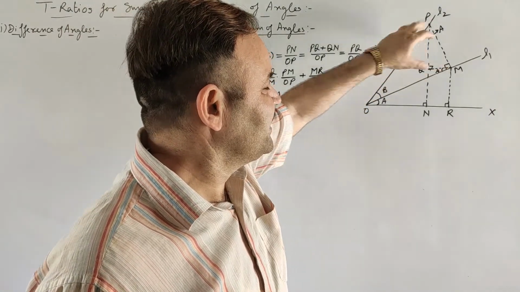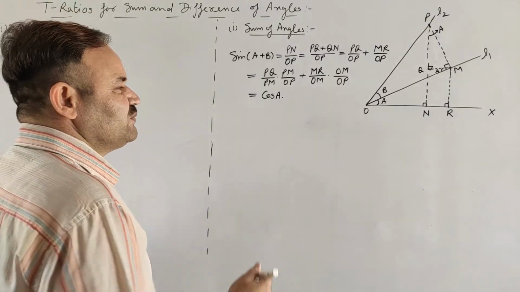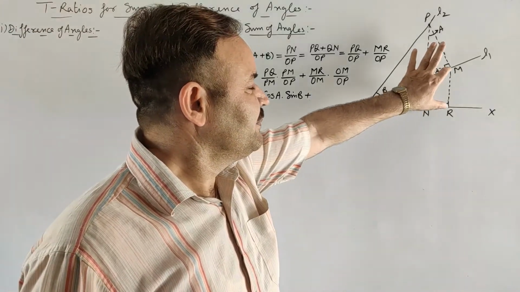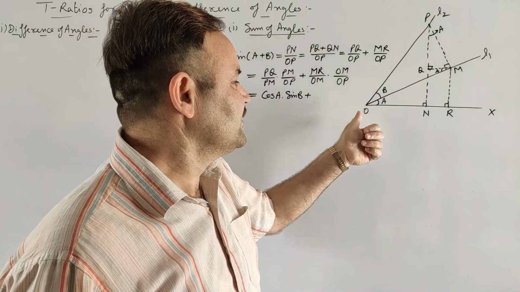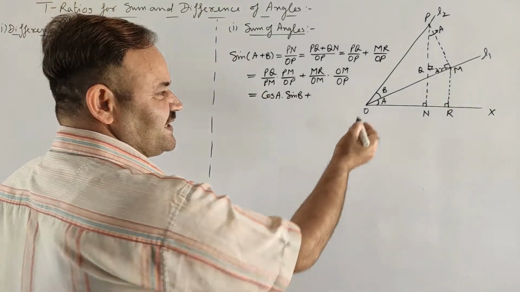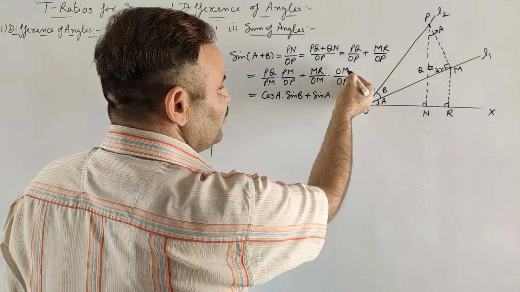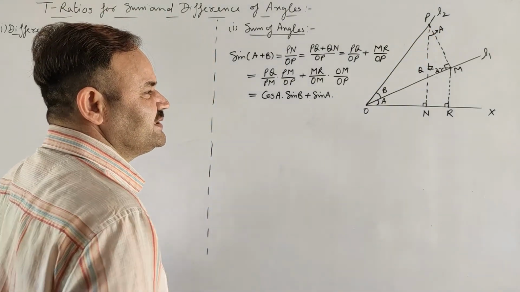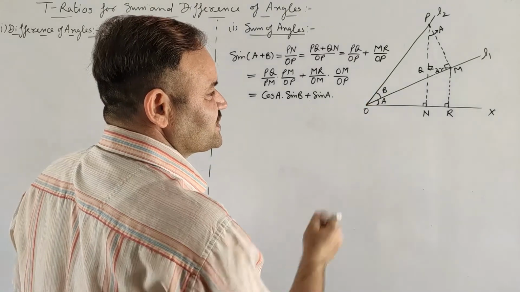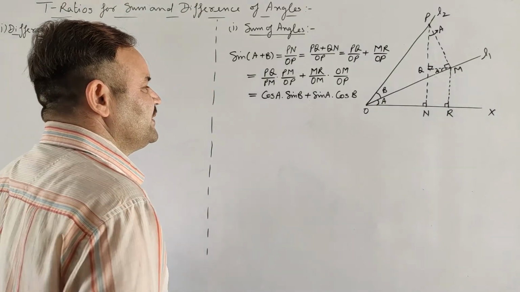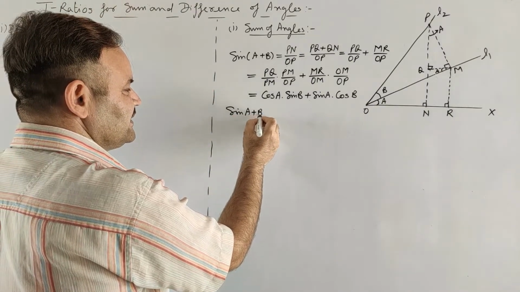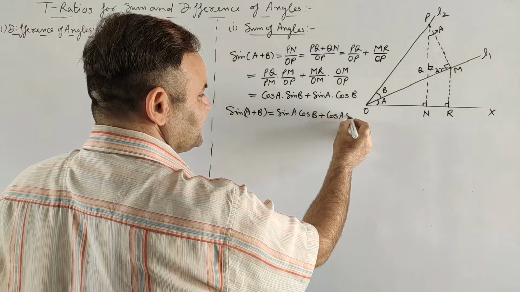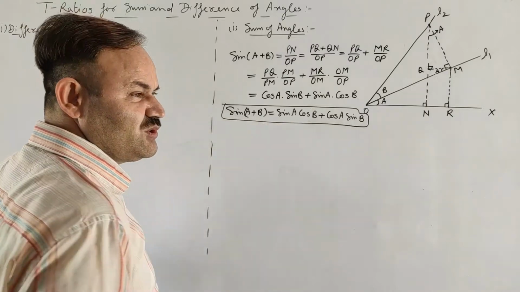For angle B, PM is perpendicular, OP is hypotenuse, and perpendicular upon hypotenuse means sine, so it will be sine B plus MR upon OM, perpendicular and OM is hypotenuse, it means MR upon OM will be sine for angle A, so it will be sine A. Now OM upon OP, OM means base for angle B and OP means hypotenuse for angle B, and base upon hypotenuse means cos, so it will be cos B. Thus we get sine A plus B is equal to sine A cos B plus cos A sine B. It is the formula for sine of sum of two angles.